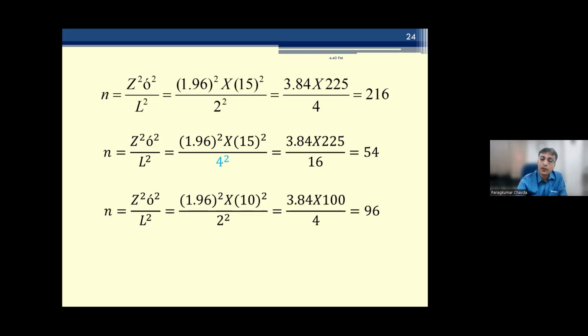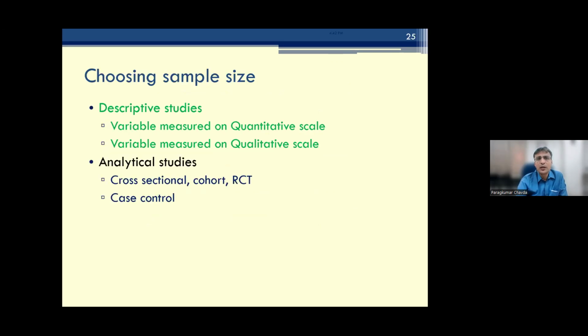And that's how we'll be able to arrive at a titration between what the software might say and what we find feasible. So these were some of the things that I wanted to highlight in sample size calculations, reiterating that in descriptive studies, these are simple formulas to use.